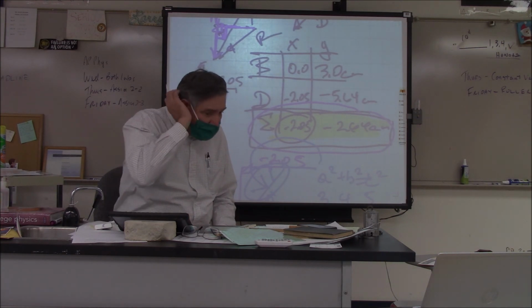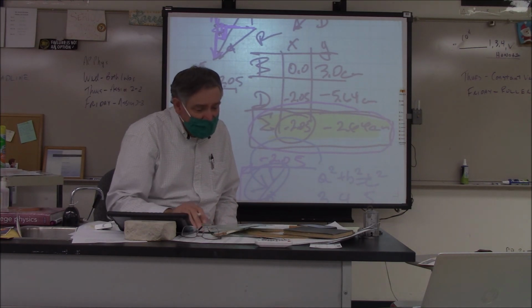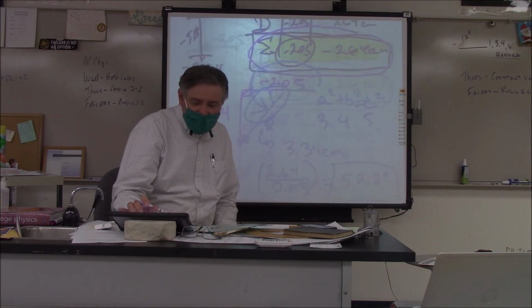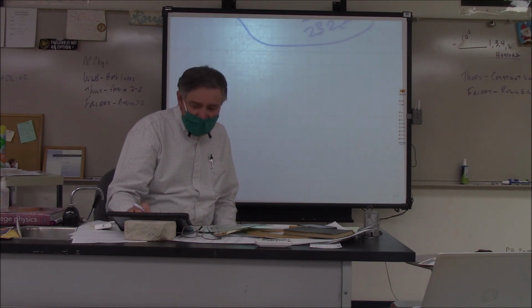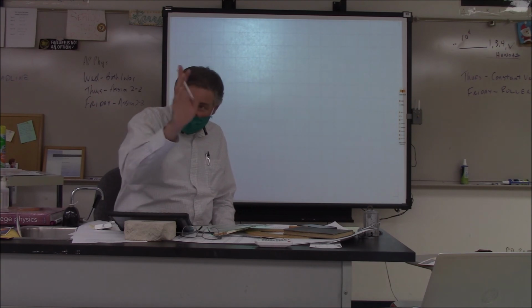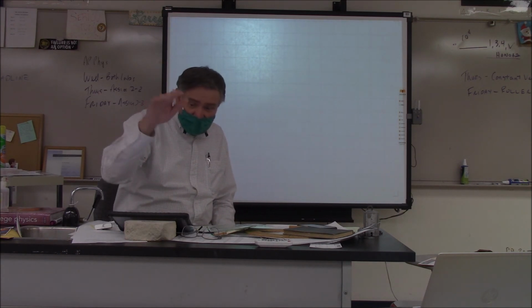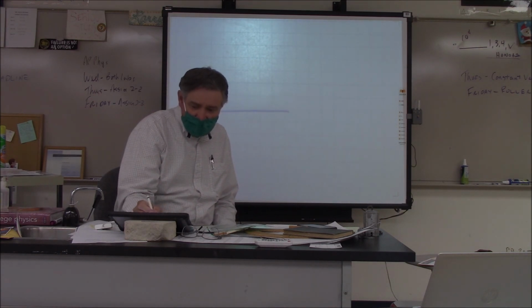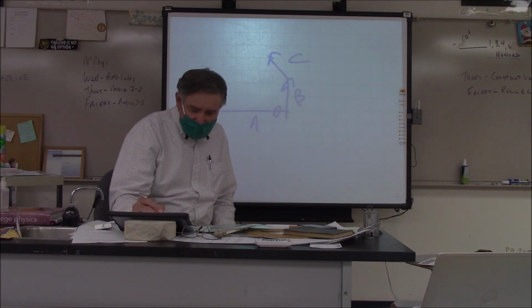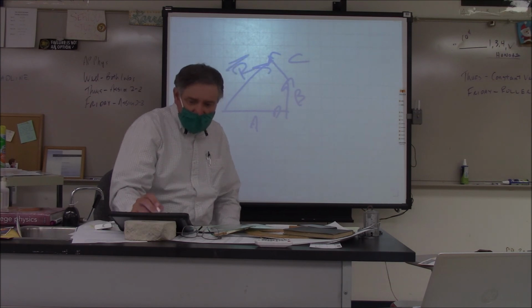Okay? So, when you get down to like number 11, here's what I would recommend. You can make a sketch, because you got vector A, B, C. There's A, there's B, C, boom. There's going to be your result.